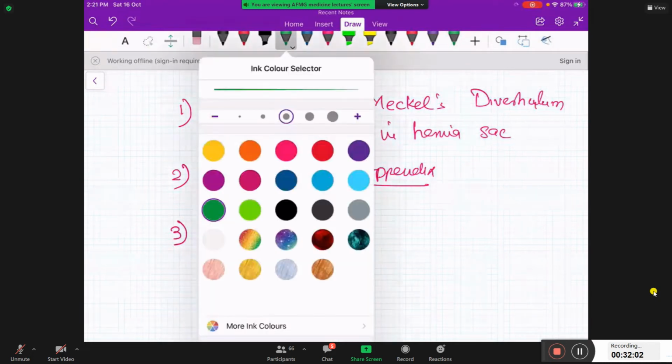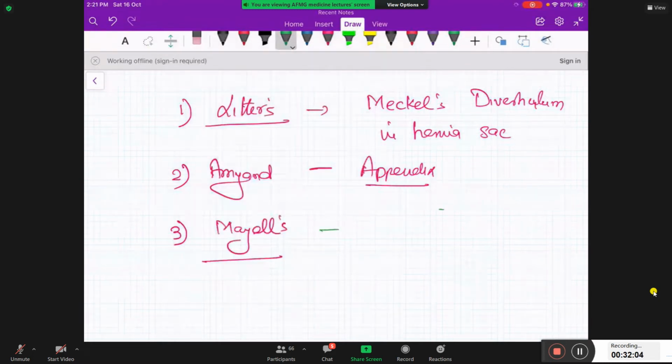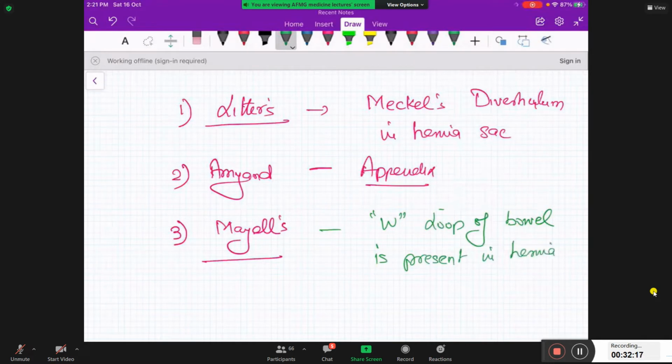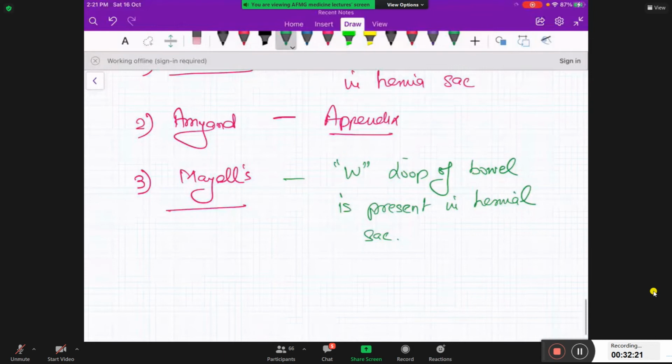When a loop of bowel is present in the hernial sac, it is called Maydl's hernia.